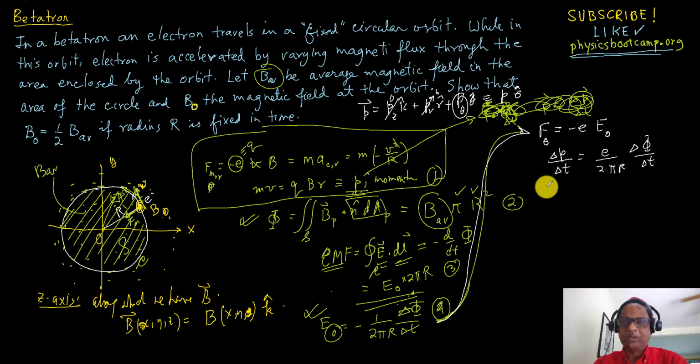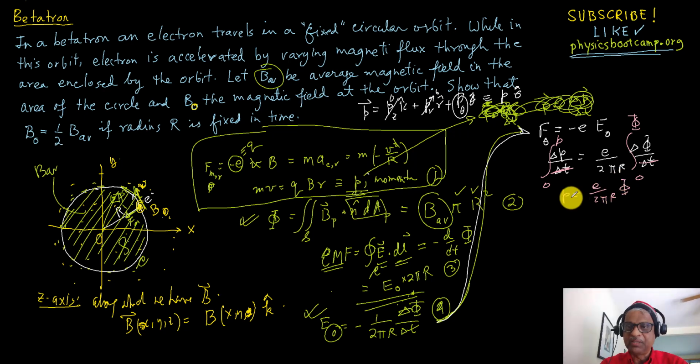That's using a little bit reduced, simpler notation. I hope this is clear. So we can actually cancel this out and integrate from 0 to some p and 0 to phi, integrate formally. So we get p equals E over 2 pi r phi at some time t.